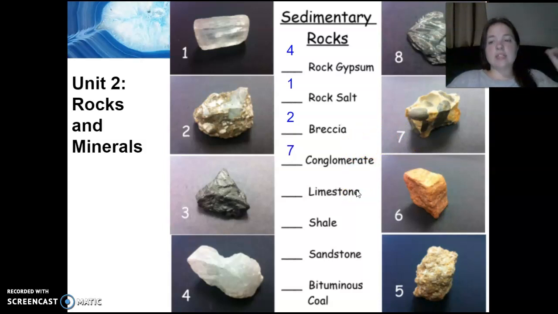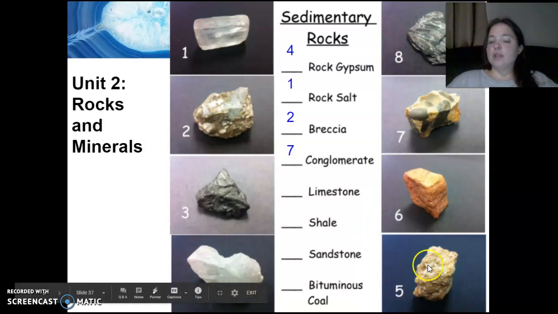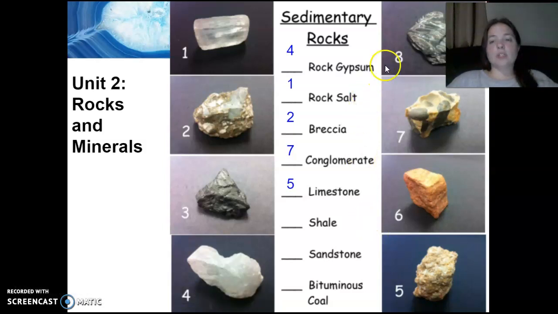Limestone, and in this case, this one is going to be the bioclastic type, which is going to look like a bunch of oatmeal, which you should figure out is number 5. Shall not be shiny. This one I don't like as much because it kind of looks shiny right here. Another way you can figure out shale is that in shale you will find fossils, and you can see some fossils right there.